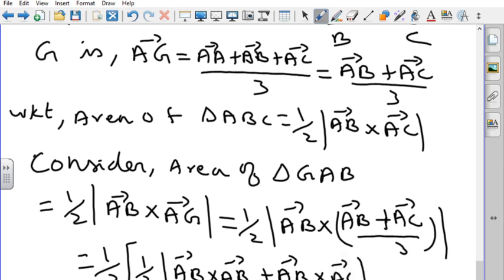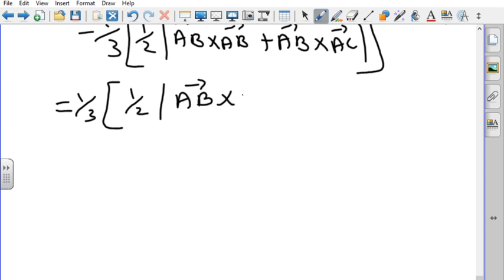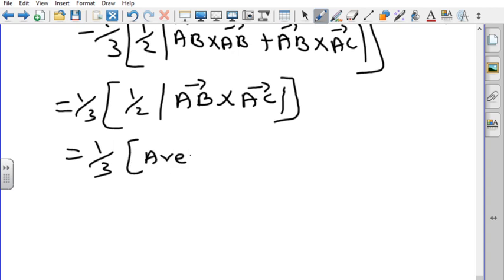But AB vector cross AB vector is 0. Therefore, we get it is equal to 1 by 3 into 1 by 2 into modulus of AB vector cross AC vector, which is nothing but 1 by 3 into the area of triangle ABC.